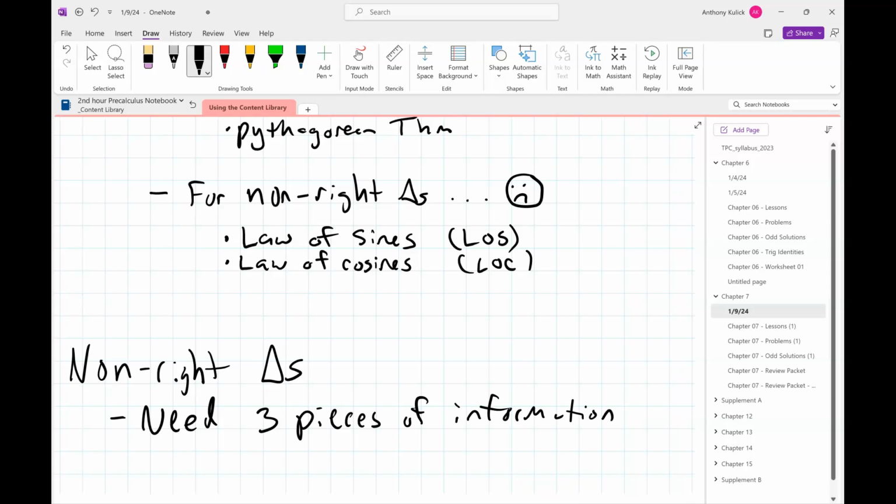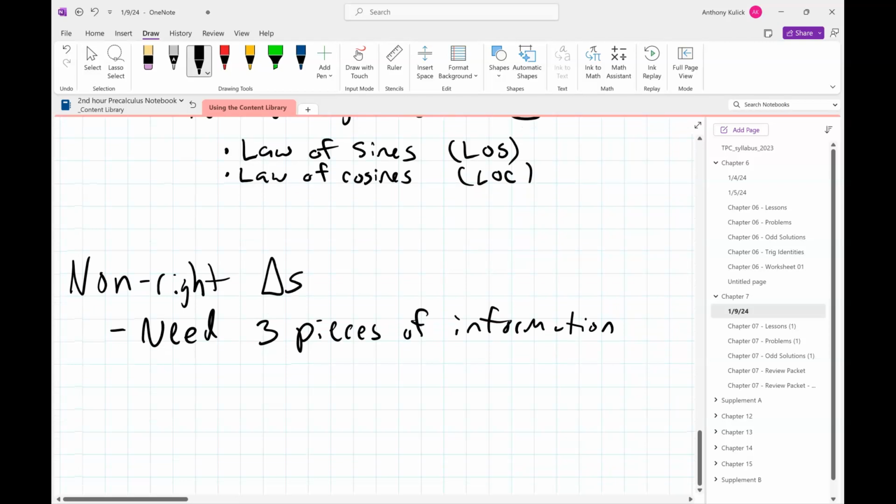To solve a non-right triangle, we're going to need 3 pieces of information to start. One possibility is that you're given 2 angle measures and 1 side length.